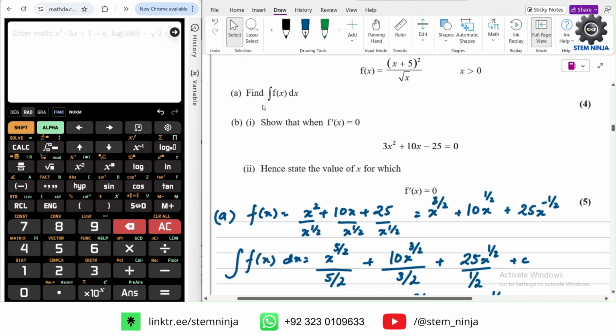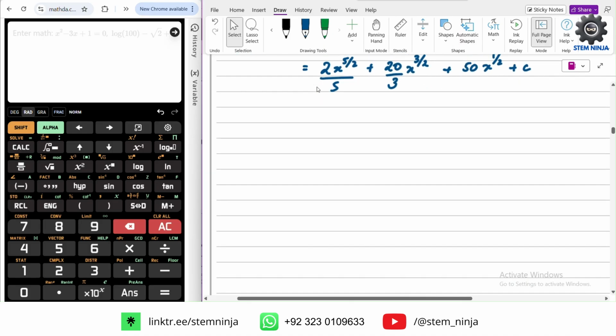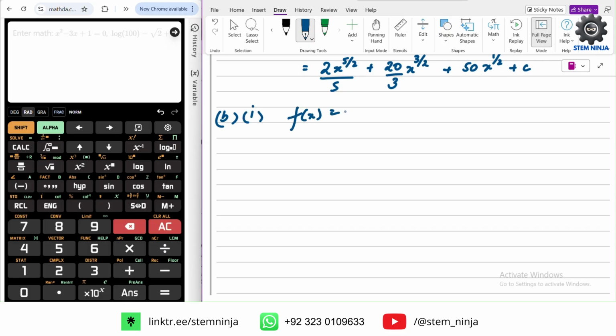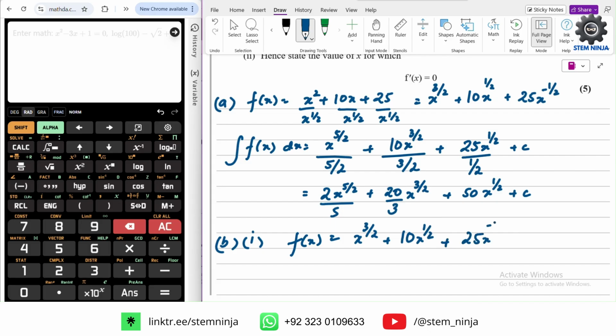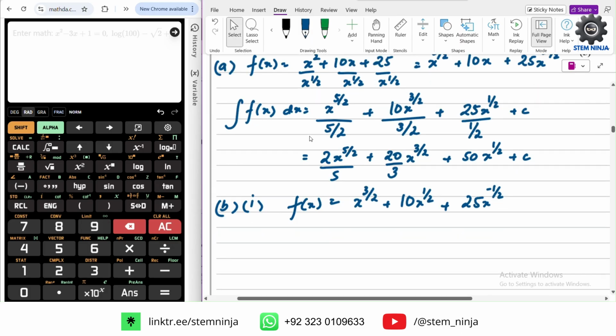Show that when f prime of x is equal to 0, this equation will be satisfied. Okay, so this time we have to take the derivative. So f of x is the same thing: x to the 3 over 2 plus 10x to the 1 over 2 plus 25x to the minus 1 over 2.